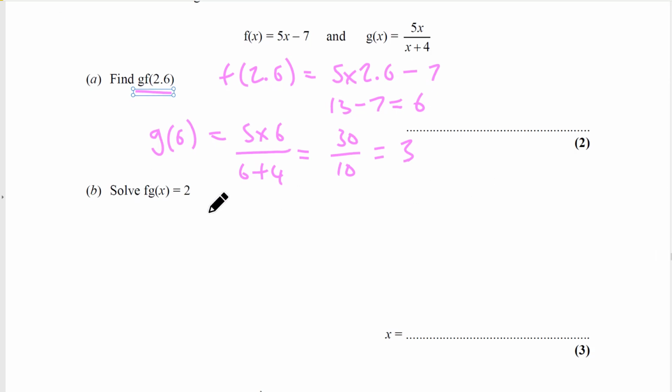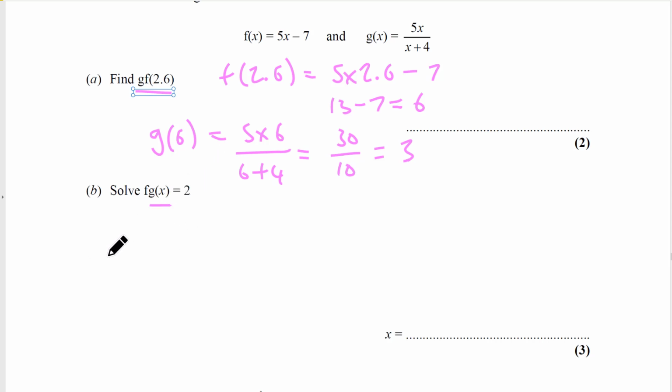Now we've got to solve f g of x equals 2. So that's going to require a bit more working out. So we're going to let g of x go into f of x.